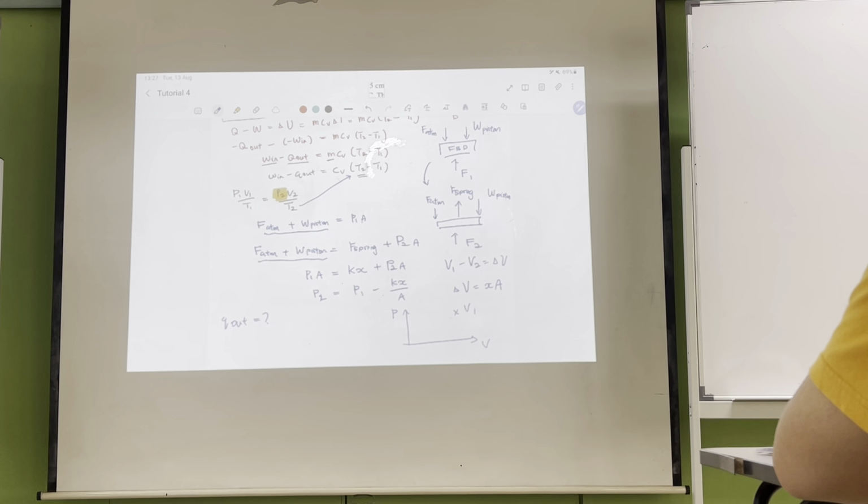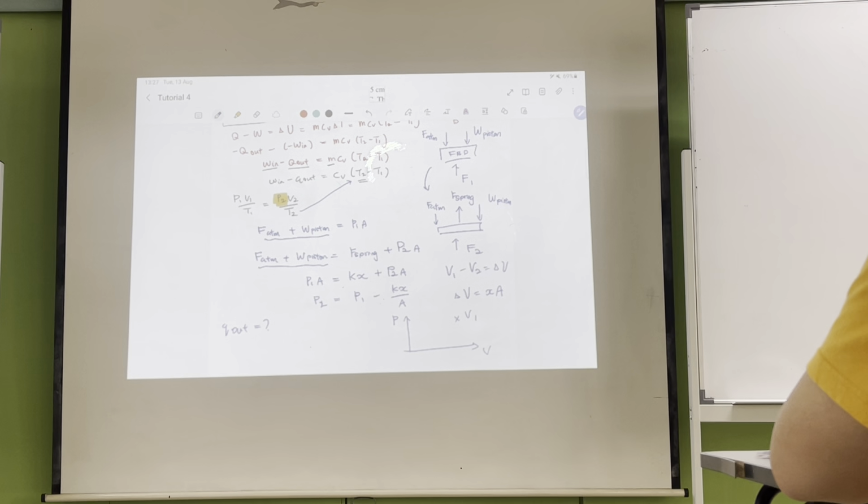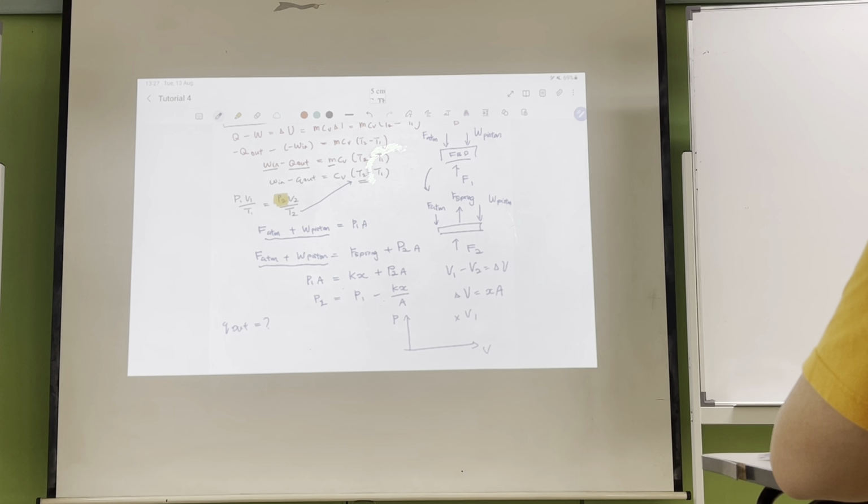Then P2 is smaller than P1 as well, which is very obvious because P2 definitely is a smaller value based on this equation. So it is just a straight line to V2.